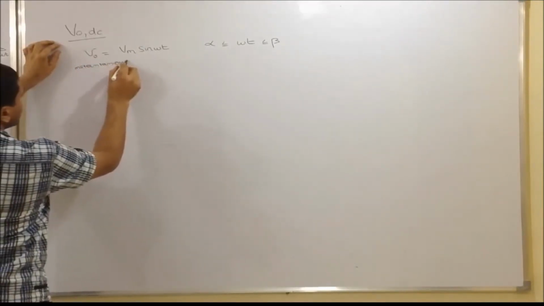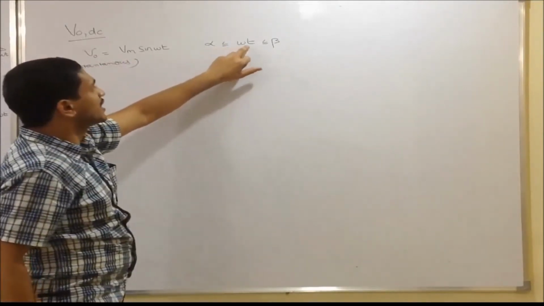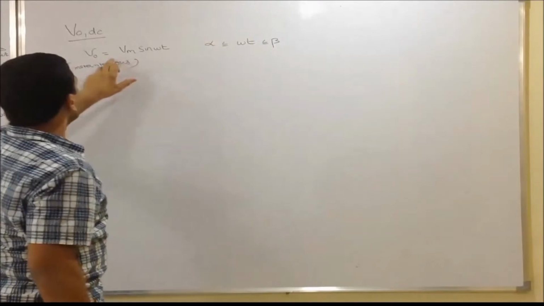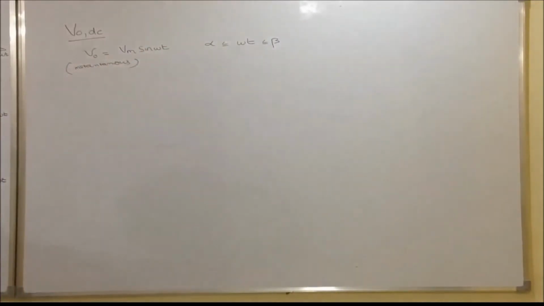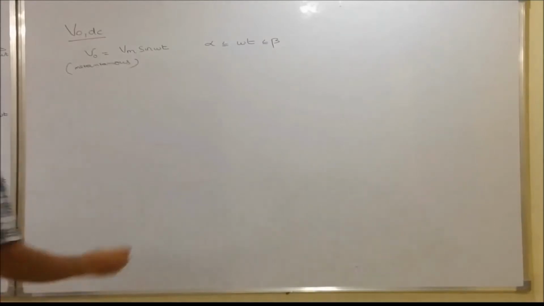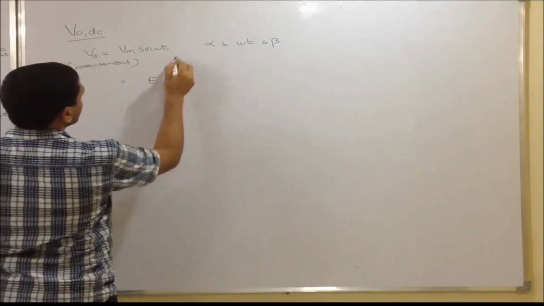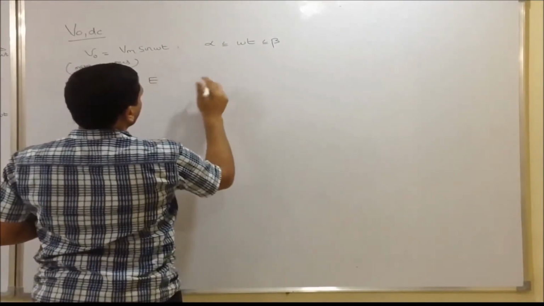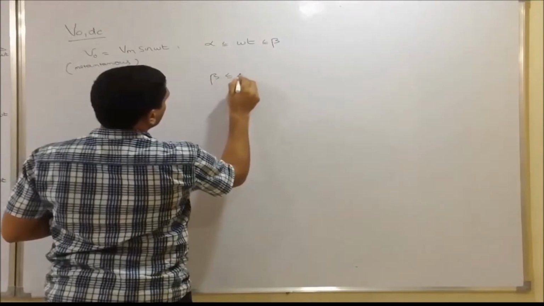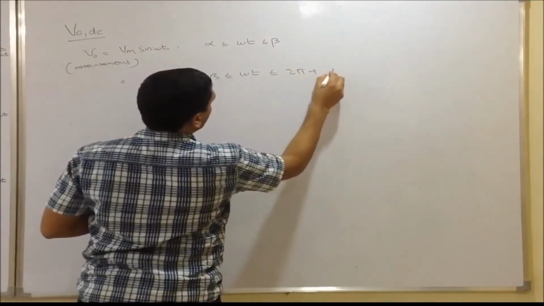So I am writing the equations. When alpha less than or equal to omega t less than or equal to beta, my V0 is Vm sin omega t. This we can see from the graph. And V0 equals E for beta less than or equal to omega t less than or equal to 2 pi plus alpha.